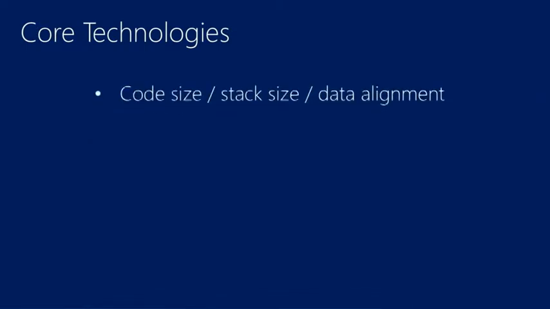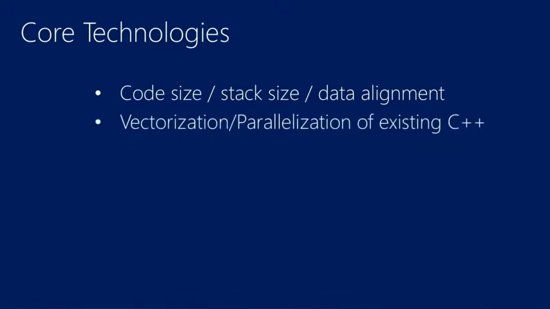So these are the core technologies that we really care about. Code size, stack size, and data alignment. I glom those together into one bullet item in order to just save time. It'll be one section of the talk. Then we care a tremendous amount about vectorization, parallelization of existing C++ unaltered C code. So what we have to do is look at 20 years of legacy code and try to extract parallelism from it and not violate the semantics.